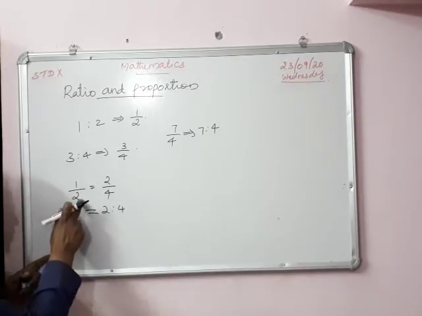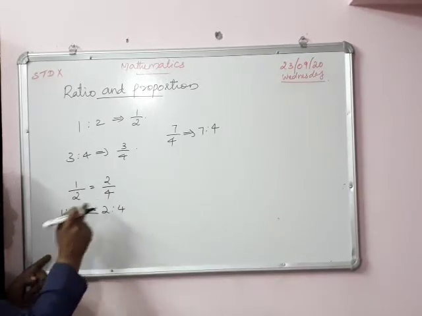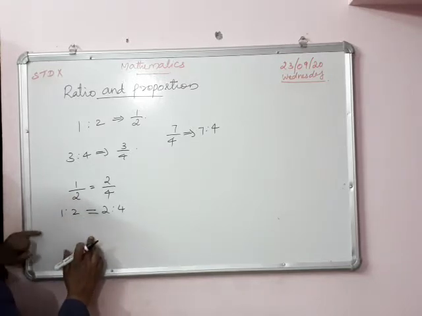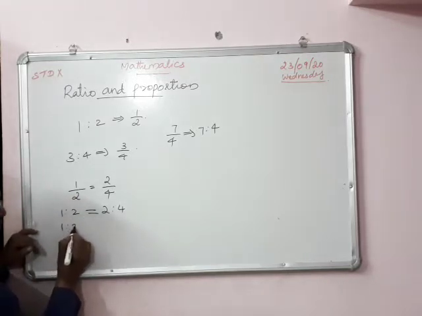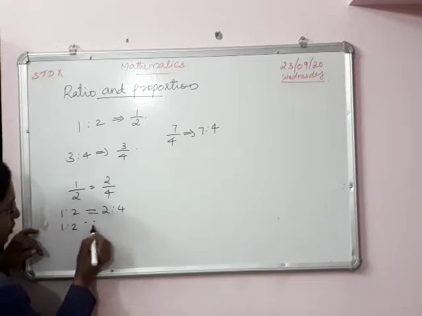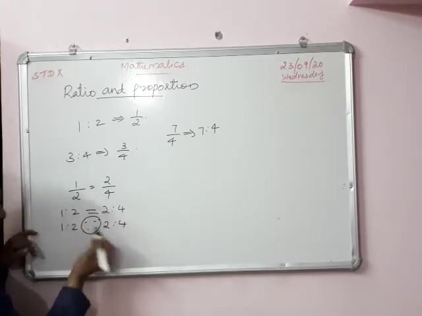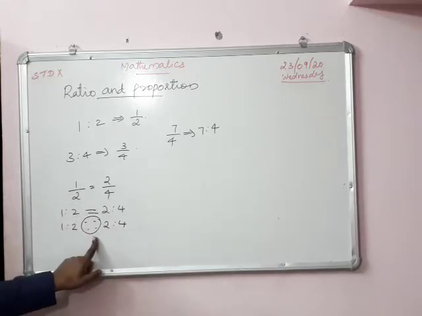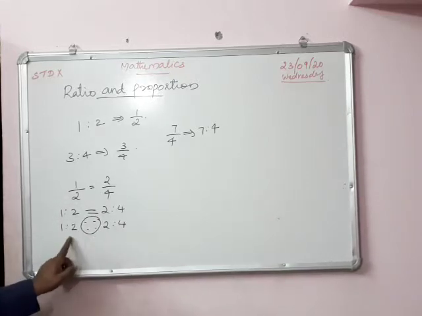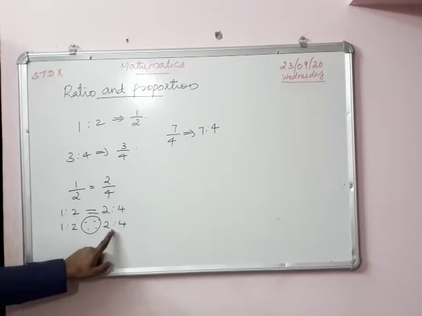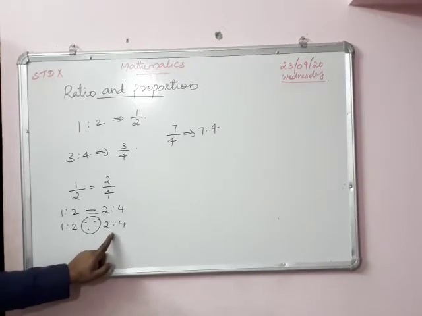It is a fractional form, a ratio form, and it is equal. So we can say 1 is to 2 proportion 2 is to 4. The symbol of proportion is 4 dots. See, it is 1 is to 2 proportion 2 is to 4. That is the meaning of ratio and proportion.